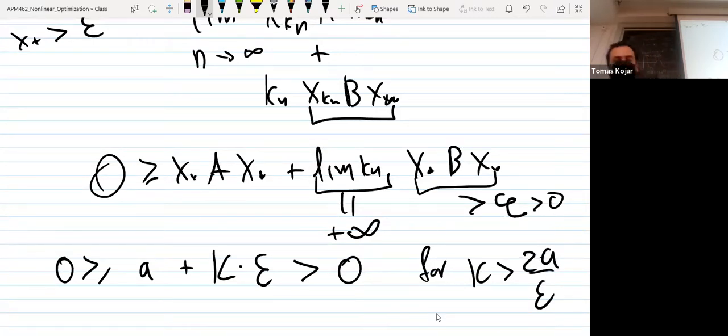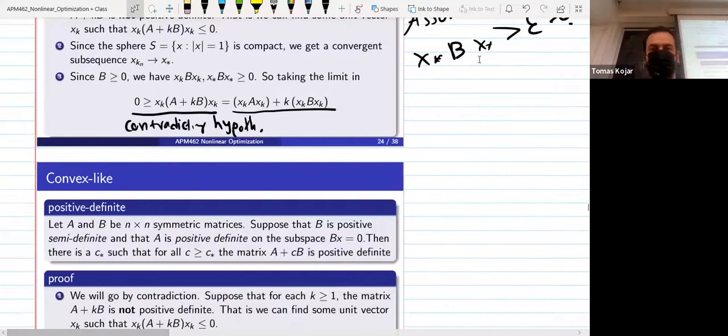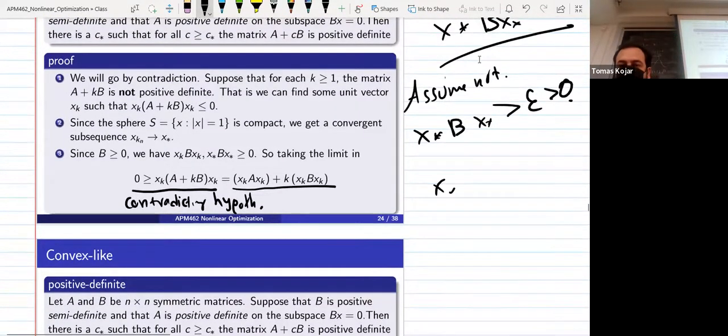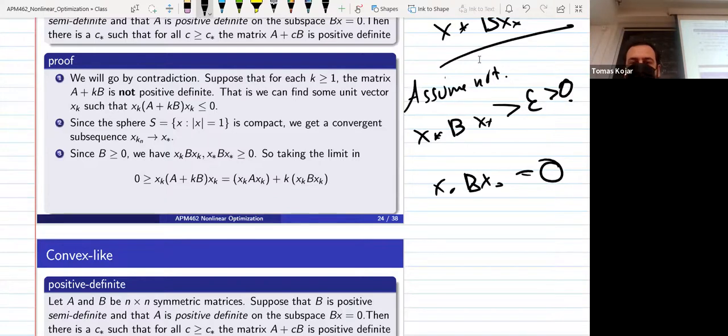Anyhow, that's the contradiction, that the moment you assume it to be positive, you are done. So then you have that x star B x star is 0, but then on this space, you have your guy is positive definite. So here's the contradiction to be done with. And that's it. Okay, thank you.